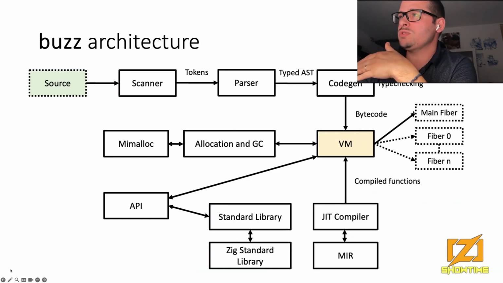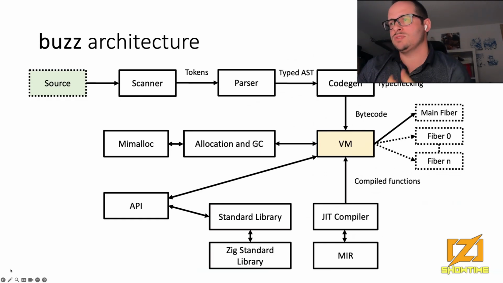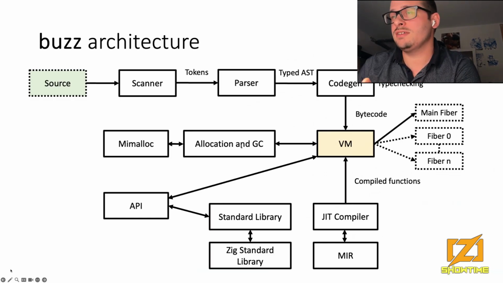The VM can switch, like I said, between any number of fibers. Anytime it needs memory, it's going to ask the garbage collector to give it some, and the garbage collector can decide to collect garbage. We have the just-in-time compiler, which is going to compile any functions that need to be compiled. And we have the standard library using the API, which is going to interact with the VM.